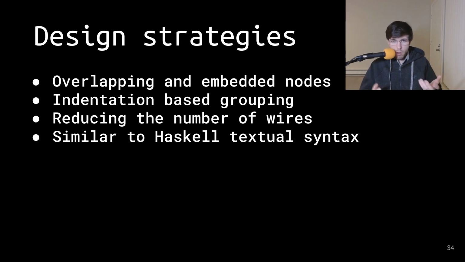And then a goal of this was to make it similar to the textual Haskell syntax, because for the editor, I imagine in practice you'll be going between the visual and the textual syntax, like for version control. And so you want to make that easy.